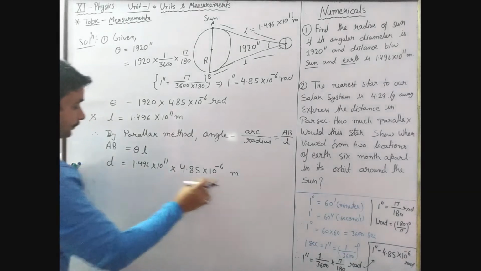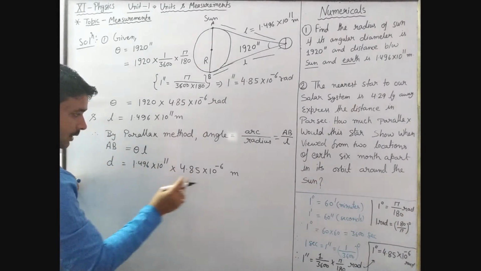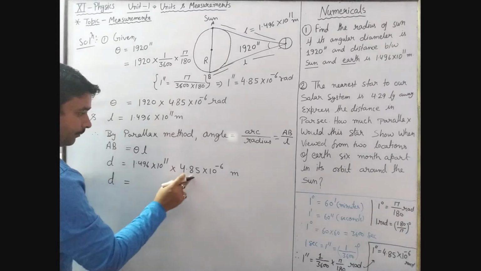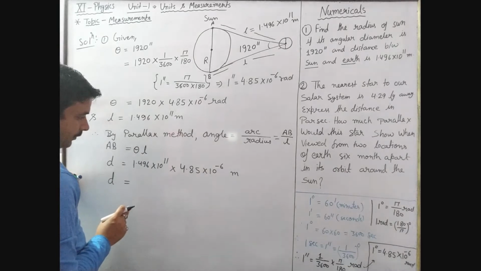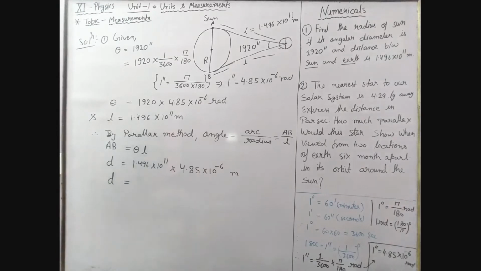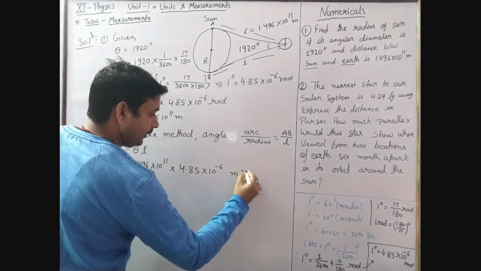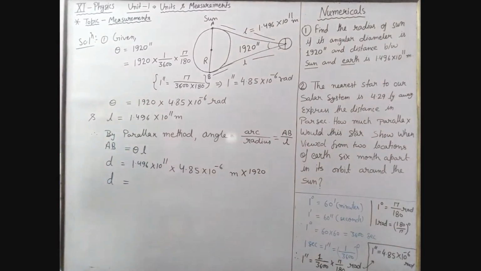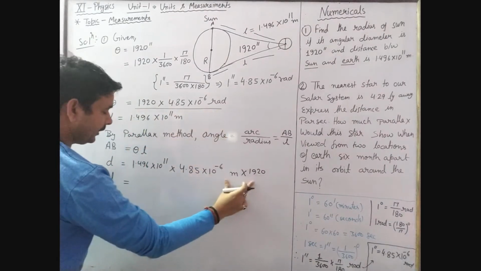Now when we solve the result, after multiplying this with 1920, this theta value is totally put here.